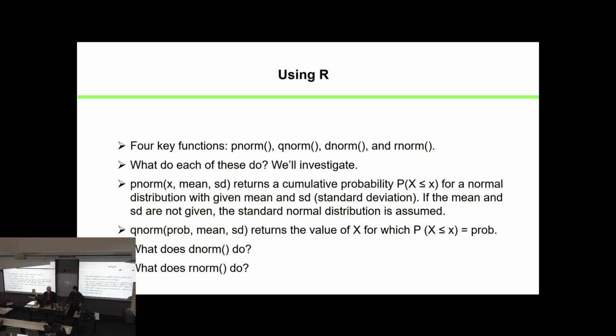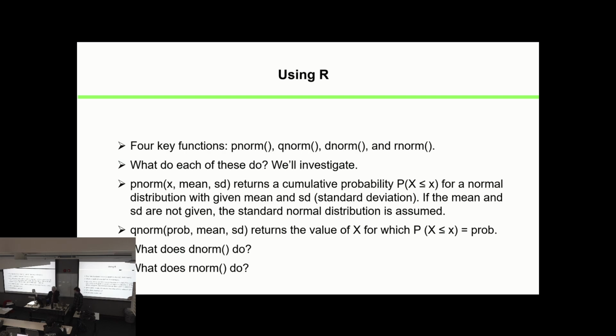We call them P norm, Q norm, D norm, and R norm. And we used 3 of these with the binomial distribution, but we didn't really work with a D binom. There is a D binom, but it's a little hard to interpret.